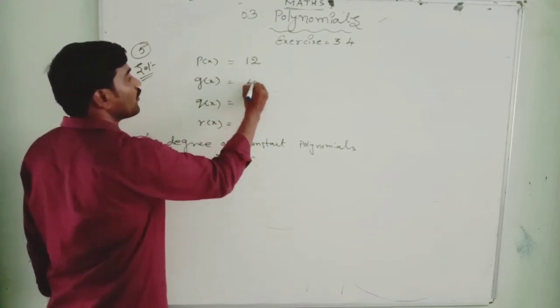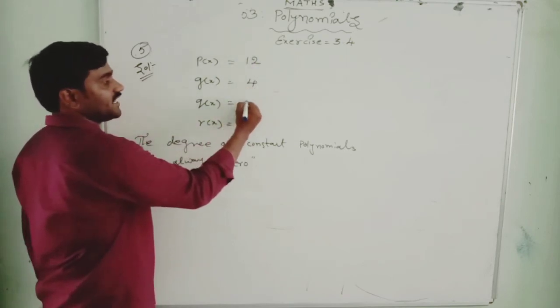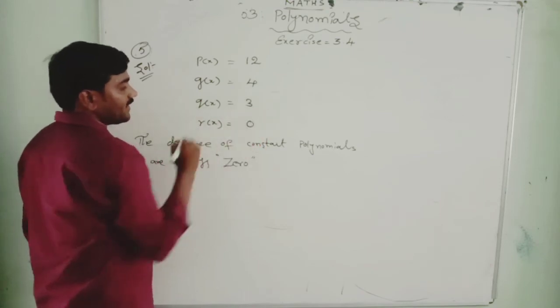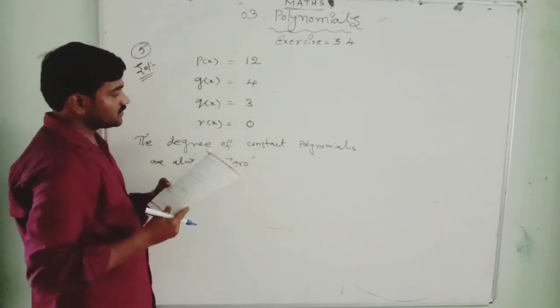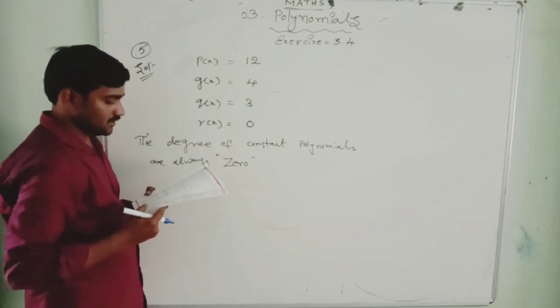Then we'll divide by 4, so 12 divided by g of x. We get the quotient 3 and the remainder 0. R of x, the degree of r of x is 0.